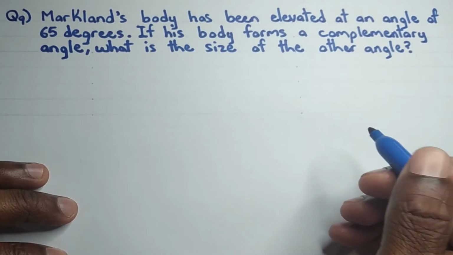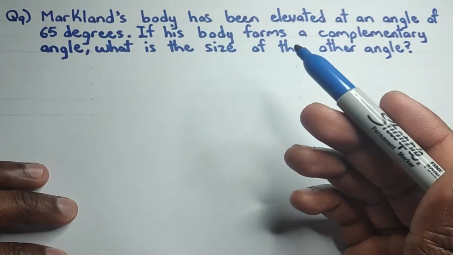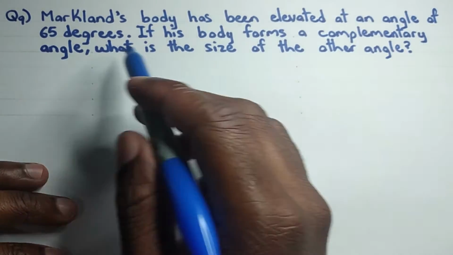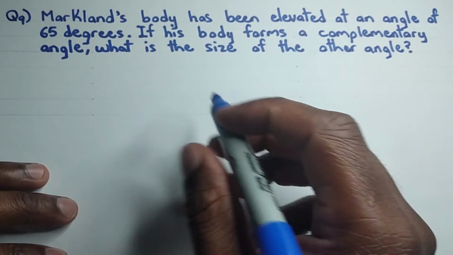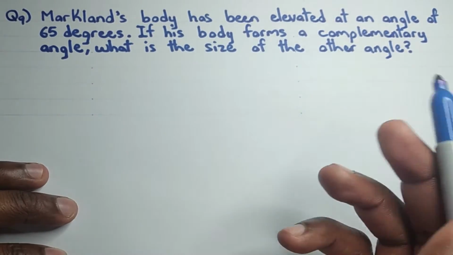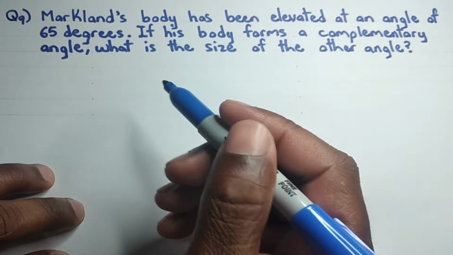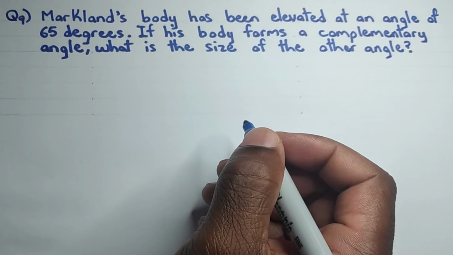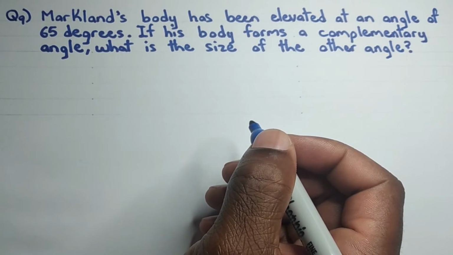So this pretty much means that both these angles would be equal to 90 degrees. So if one of the angles is 65 and I want to obtain the size of the other angle, then I need to subtract the 65 from 90, and that will give me the size of the other angle.